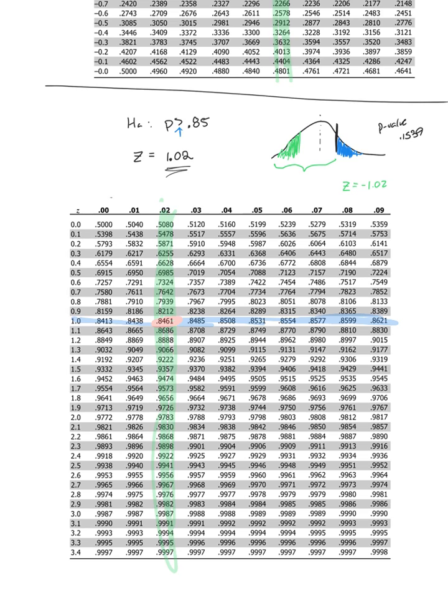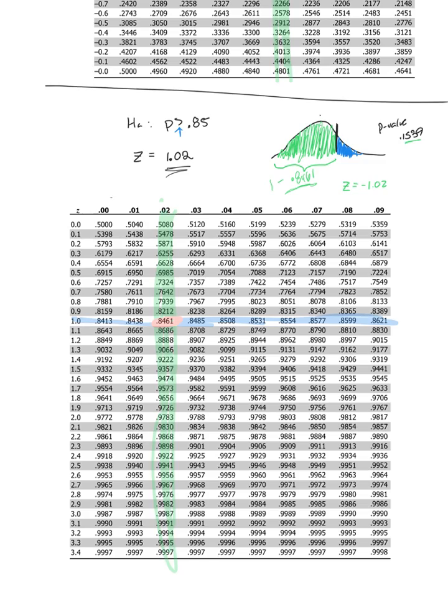Remember, this is not actually giving me the end tail I want. Instead, what it's saying is that this entire lower half, everything below a z-score of 1.02, is 0.8461. If I wanted that blue side, then I would have to take 1 minus that. And if I took 1 minus it, notice, sure enough, I'd get the 0.1539 I was looking for.